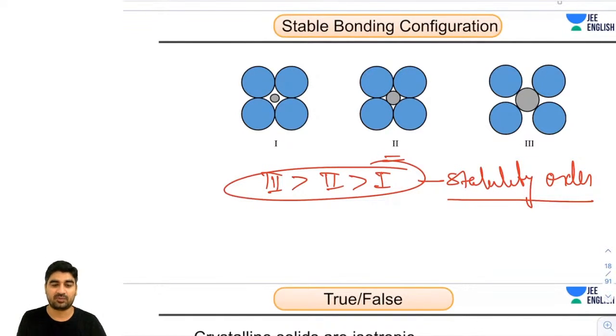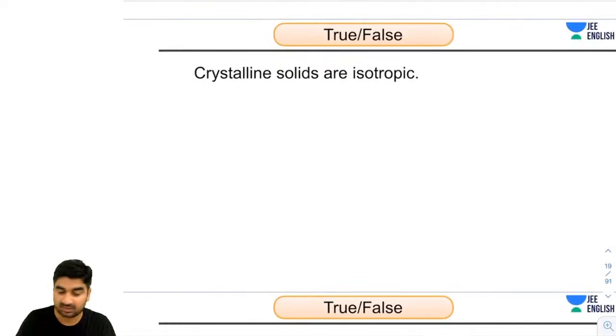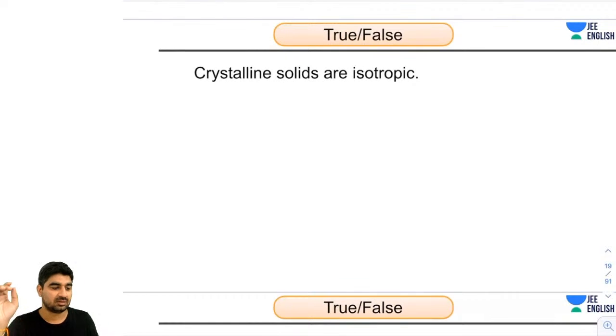So guys, now I'm moving to the next true false. Yes, now do it. Crystalline solids are isotropic. Yes, tell me. Yes guys, do it. Be fast.